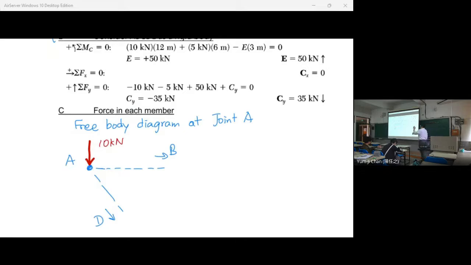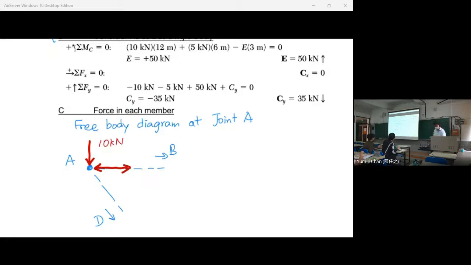Now, as we talked about in the last hour, we remove AB and we put one force here. We take away member AB and we put a force, TAB. Should this force go to the left or go to the right?